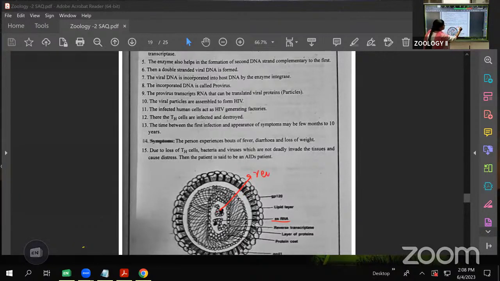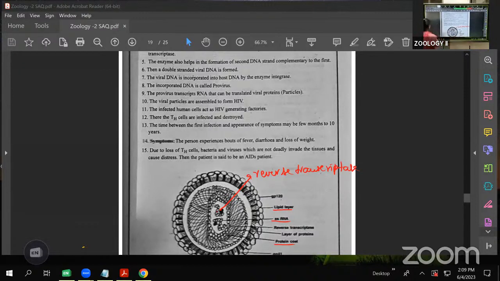It is covered by the protein coat, which is surrounded by the lipid coat. Inside the lipids there are different types of globular proteins.